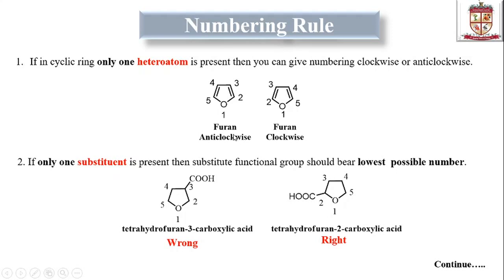Then the second rule is, if only one substitution is present, then the substituent functional group should bear the lowest possible number.